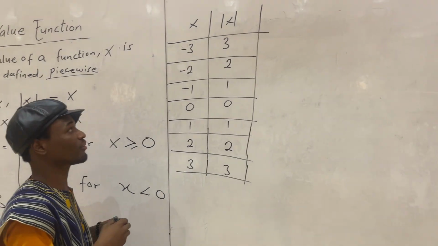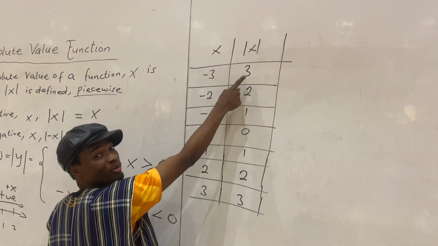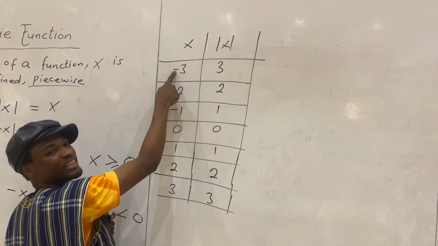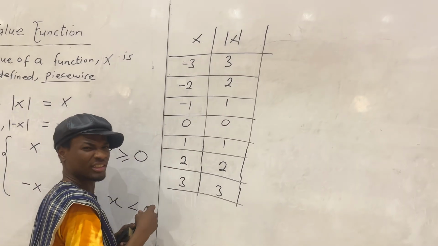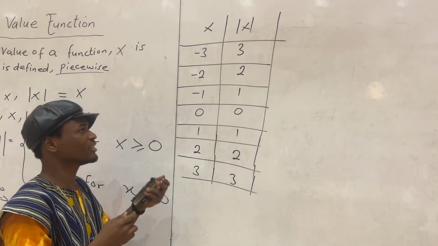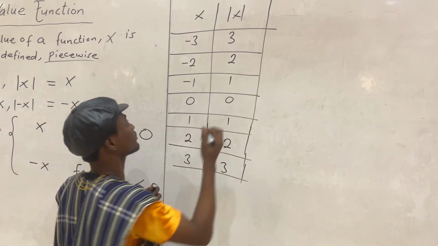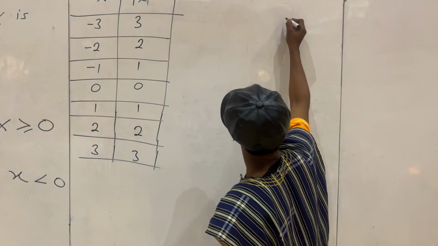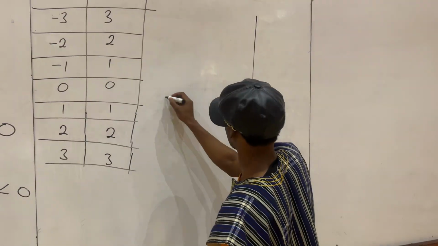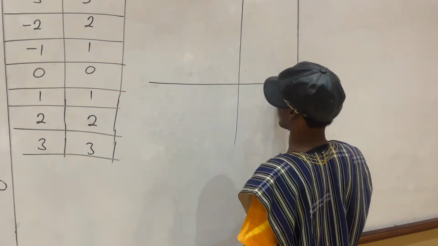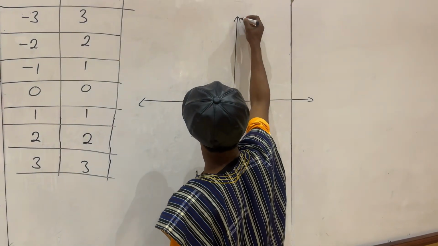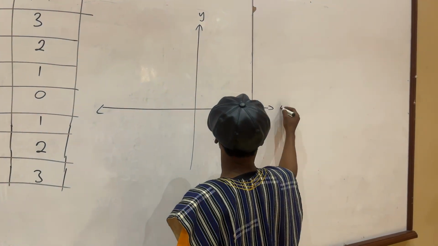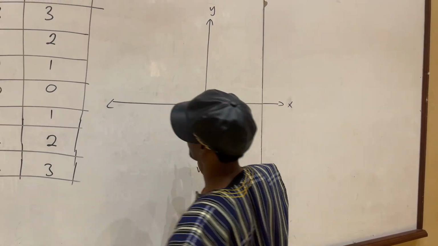So viewers, have you seen that? So you see the mirroring. 3 is here, 3 is also here, but this is negative and this is positive. You get it that way, as simple as that. Let's see how we can graph this, alright? So if I have my xy plane this way, y axis, and I have my x axis this way.